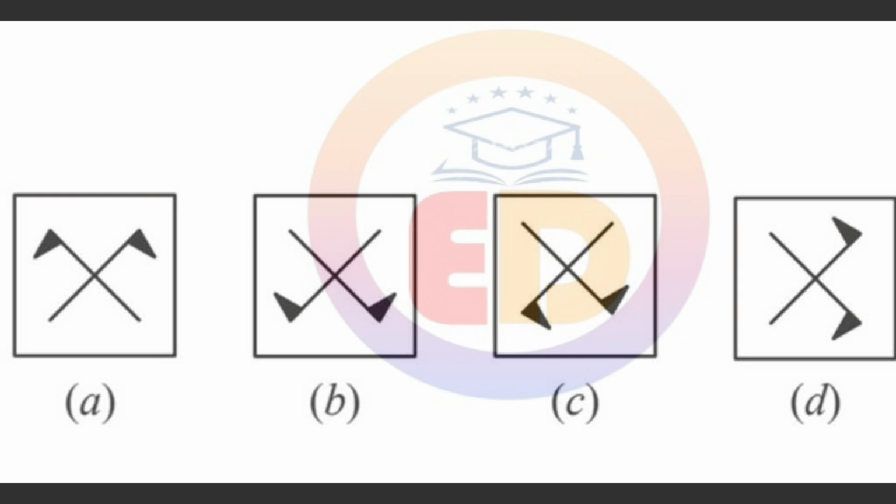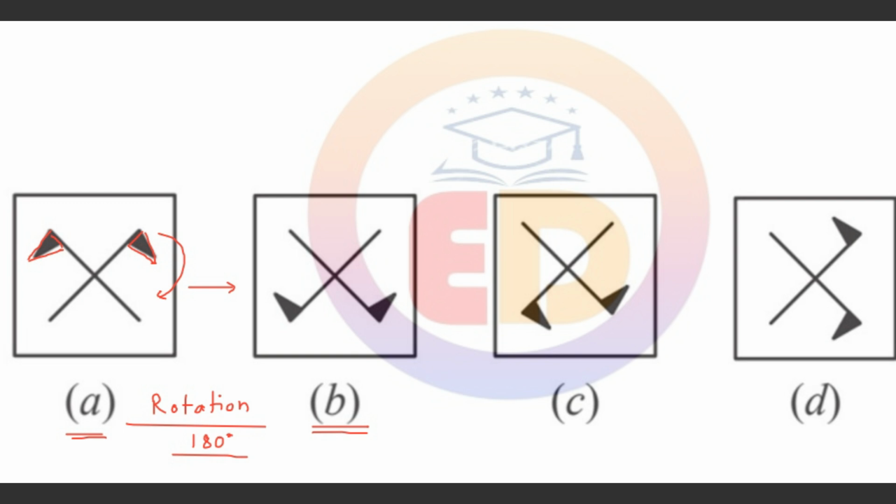Here the first figure, there are two intersecting lines and then there is a triangle attached to one of the ends. Now if you rotate the figure A by 180 degrees in a clockwise direction or even in an anti-clockwise direction, you will get the figure B. So actually figure A and figure B are similar figures, they are just rotated by 180 degrees.